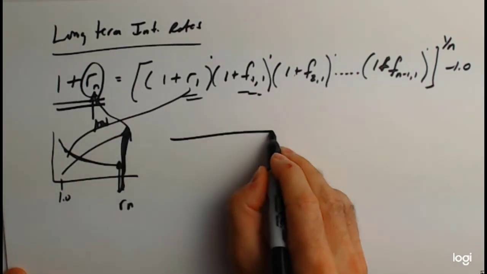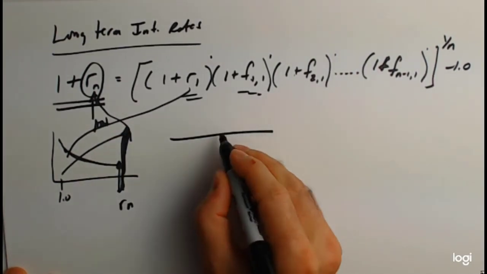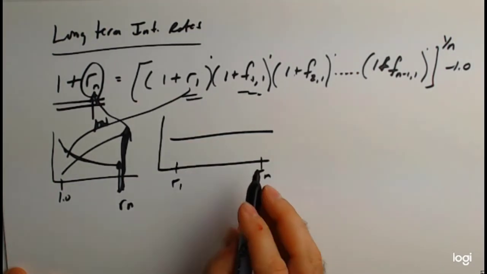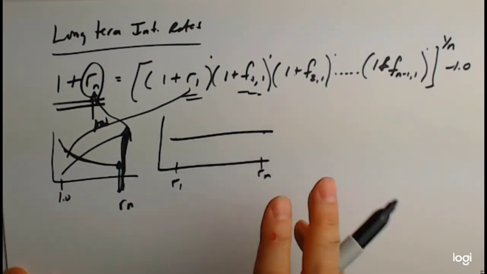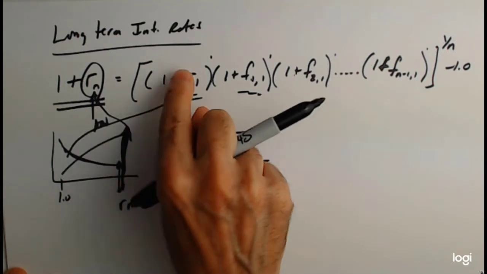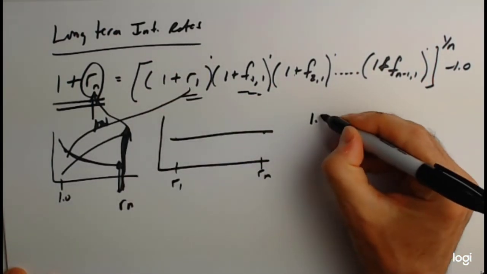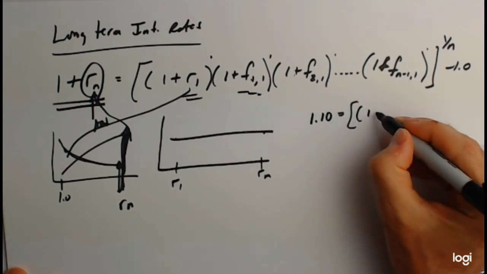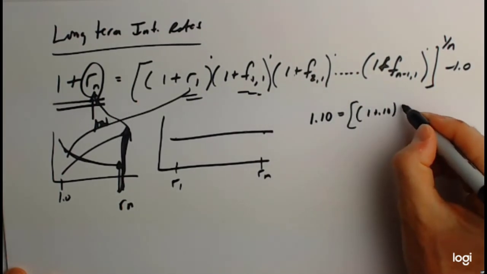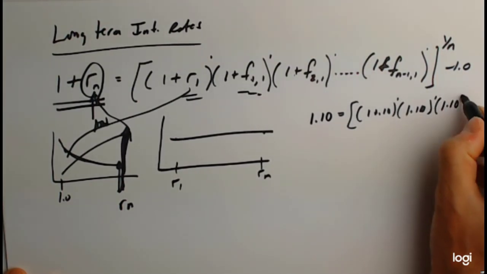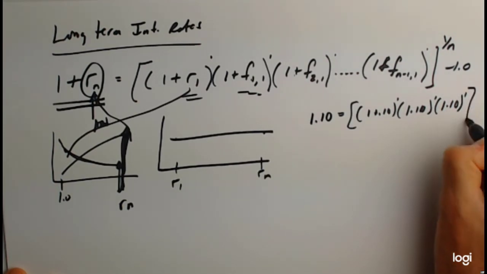And then if you had a flat yield curve, well, what would that mean? That means, look, Rn and R1 are the same thing. And if they're the same thing, that means all these interest rates are the same. So this would be 1.1 equals 1 plus 0.10, 1.10, and so on. Let's say every interest rate's 10%, right?